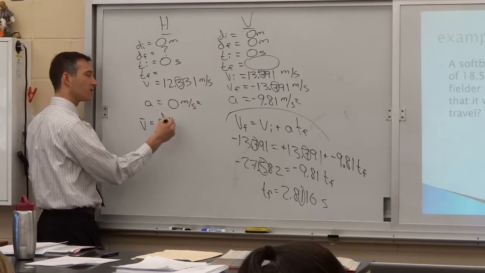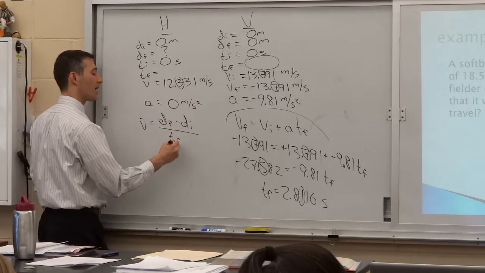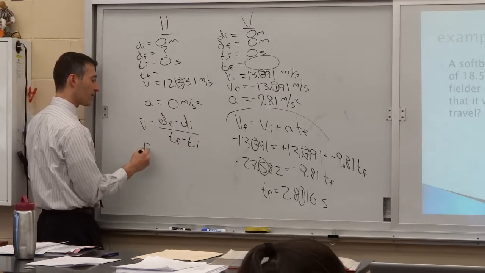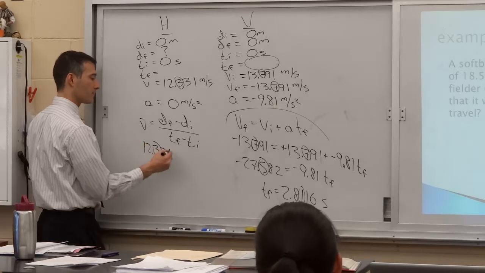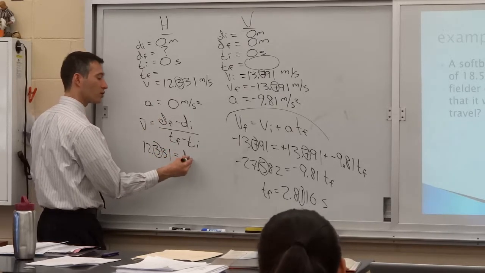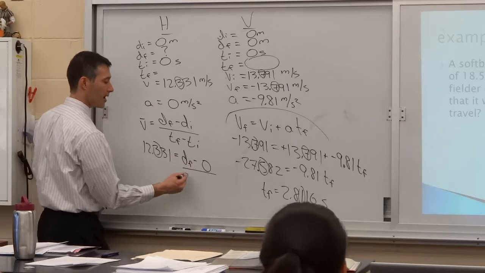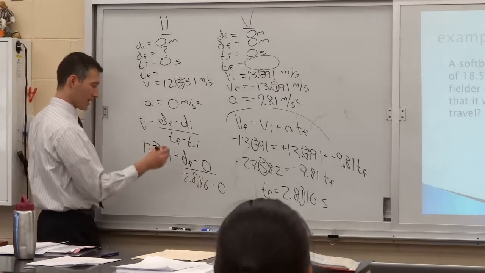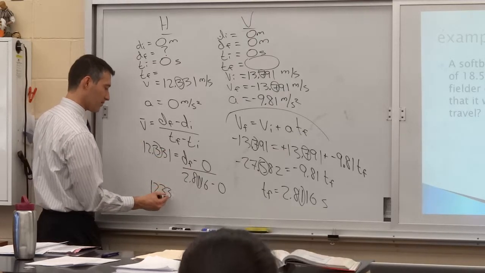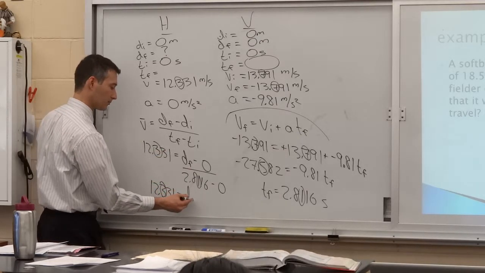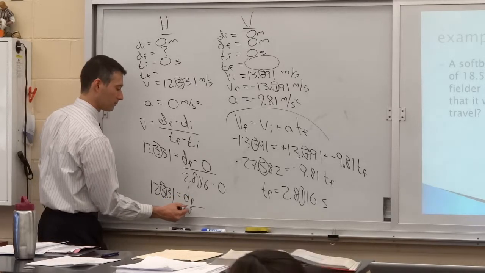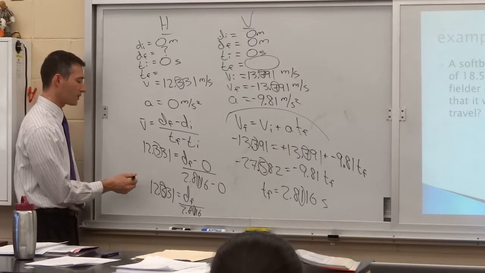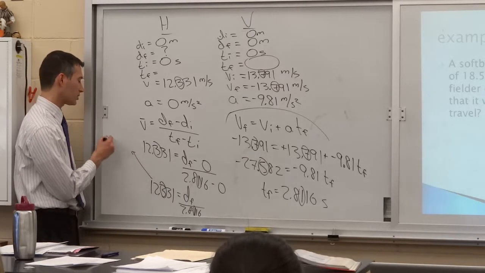The average velocity is the displacement over the time interval. The horizontal velocity stays constant, that's 12.331. Final horizontal position is what we're trying to solve for, and the time we just found. So I can get rid of my zeros next would be a good next step. And then my final step would be multiplying both sides by the 2.8116.